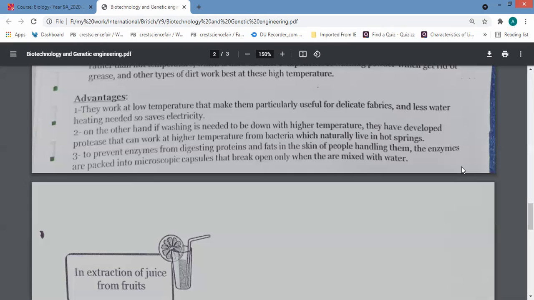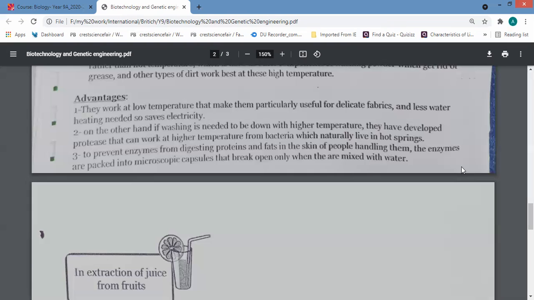In low temperature, the activity of the enzymes decreases until stopping. And when the temperature returns to the optimal temperature, the enzyme restores its activity again.